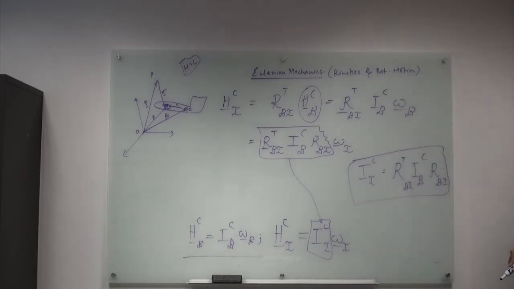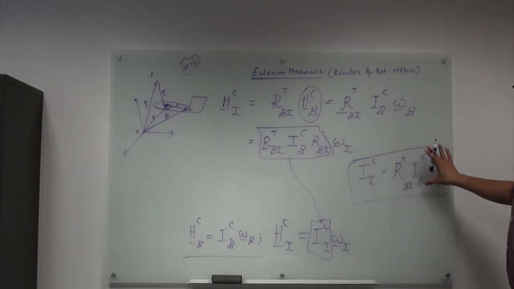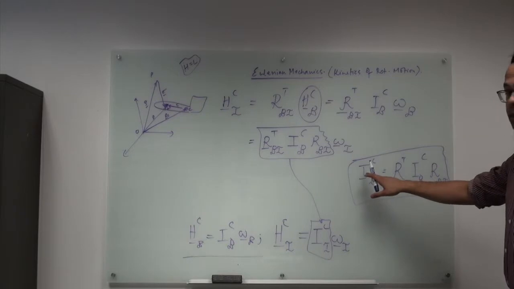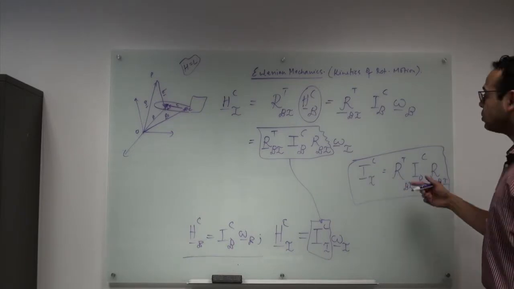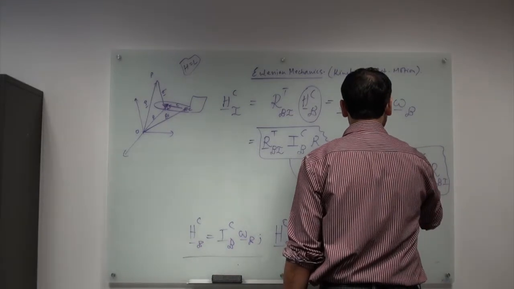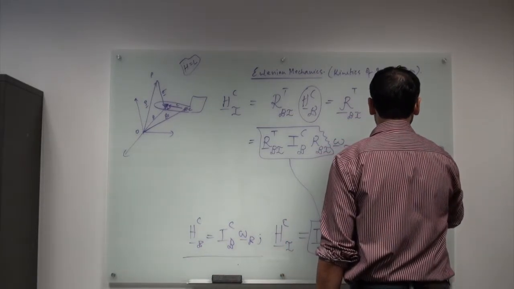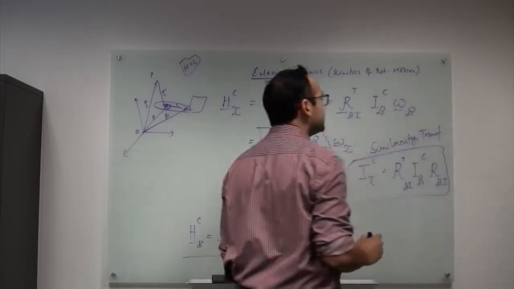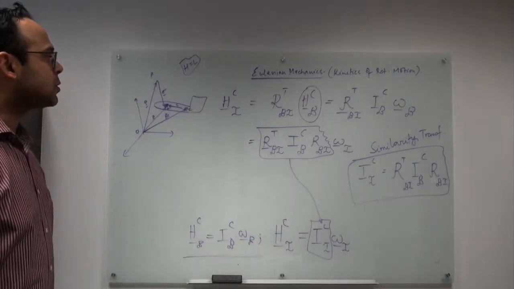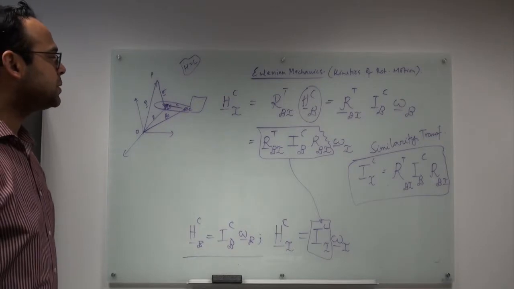So for those of you who are familiar with linear algebra concepts like vector spaces and similarity transformations and so on, this relationship between two matrices expressed in different coordinate systems is known as similarity transformation. We look at this in detail in the new math course that has been introduced in the department.